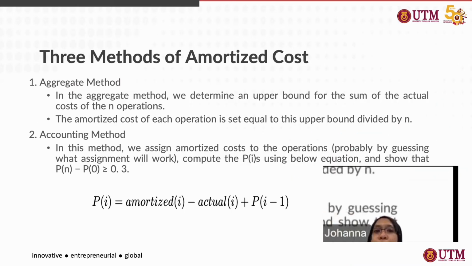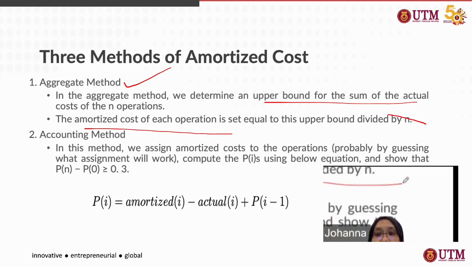There are three methods of amortized analysis. First, the aggregate method: we determine an upper bound for the sum of the actual costs of the operations, and the amortized cost of each operation is this upper bound divided by n. For the accounting method, we assign amortized costs to the operations, probably by guessing, and then verify them by following this equation.